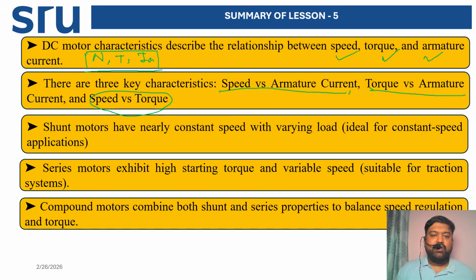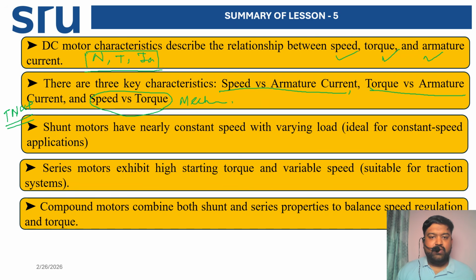Shunt motor has nearly constant speed with varying load, so we use it for constant speed applications. The shunt motor gives constant speed because the relation is like this: torque is directly proportional to the armature current.